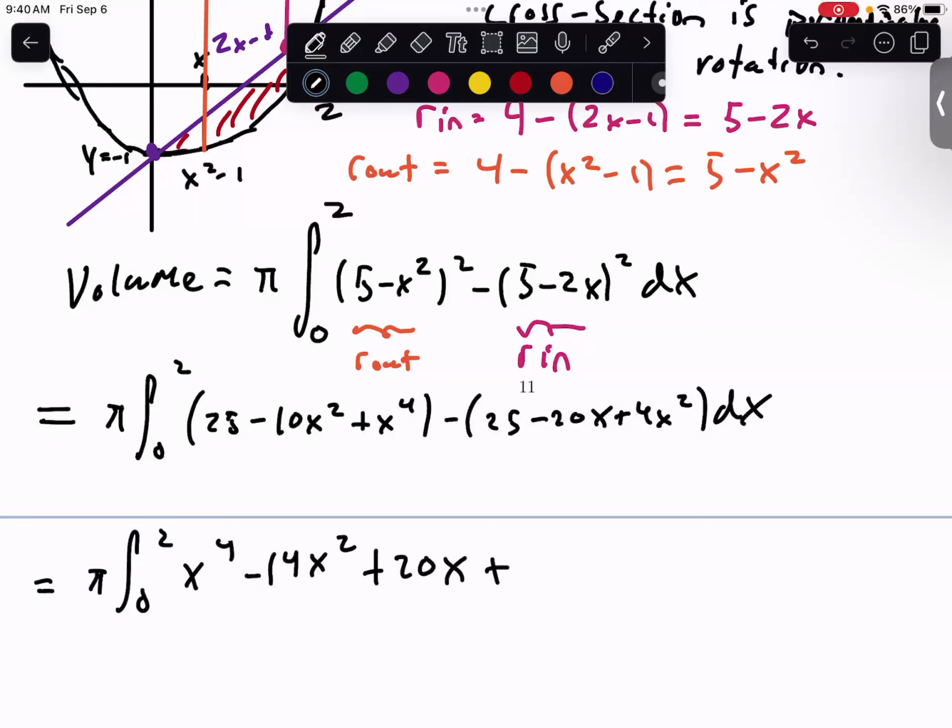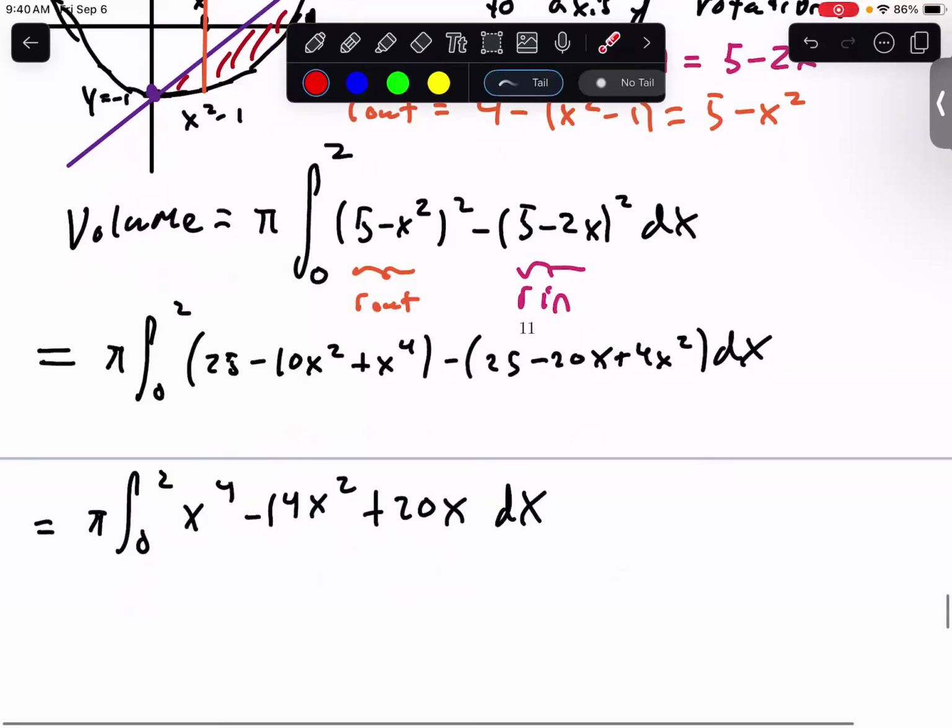And then plus 25, because we don't have an x term here. We just have the minus 20x, and then we have a plus 25. Oh wait, no, we have a plus 25 and a minus 25. Okay, so those terms cancel out with one another. So you should end up getting this.